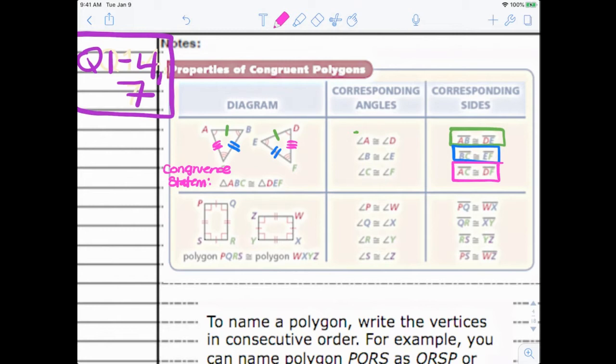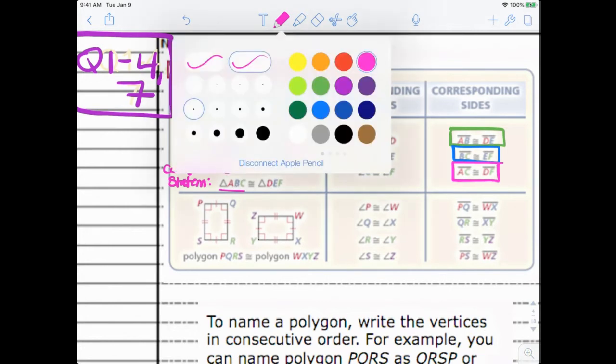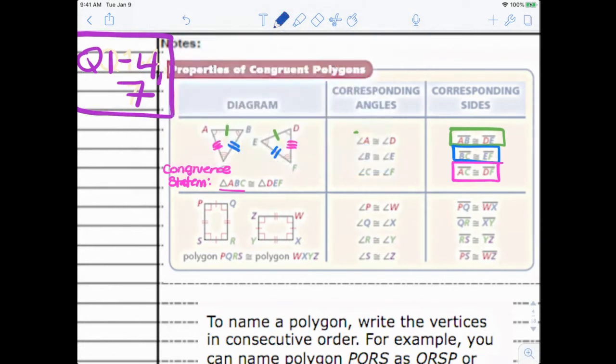So if I said A, B, C, the order of writing a congruent statement, it really does matter here. So if I start at A, that means I'm starting between the pink and the green dot. So I need to start with D in my second one. And did I? Absolutely. A here, D here. Okay, then I moved to B. So I moved across the green line to B.